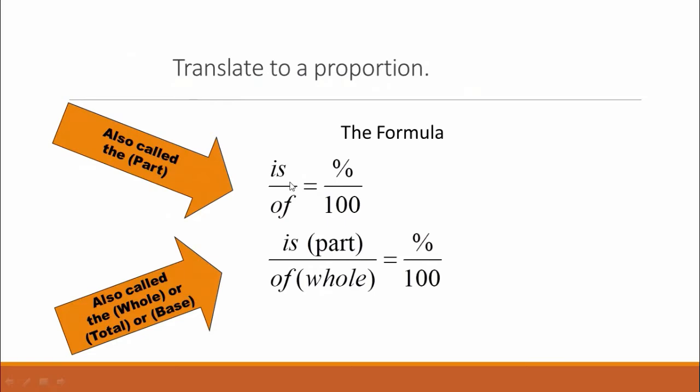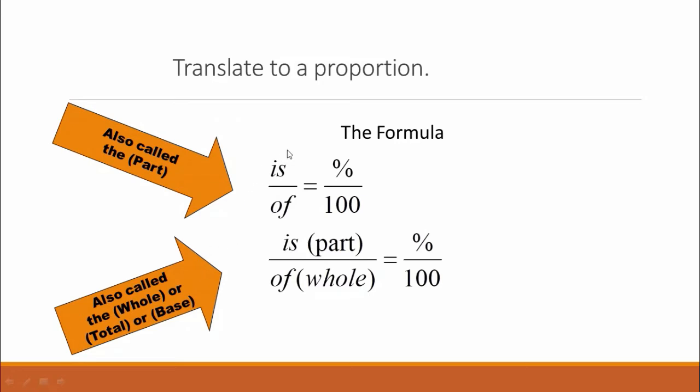So the translation of this formula can be written as "is" divided by "of" is equal to percentage divided by 100. In the description of the question, how can we identify the part and the whole? The quantity connected with the "is" is called the part, and the value connected to the "of" is called the whole.